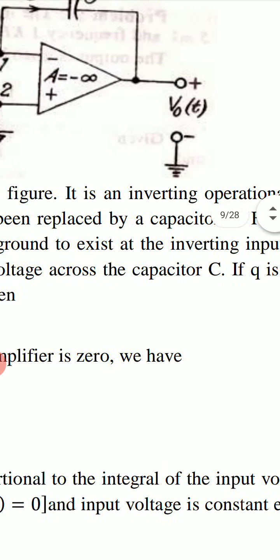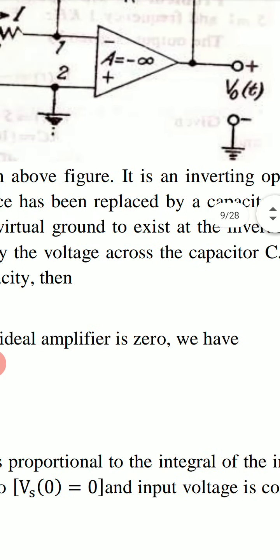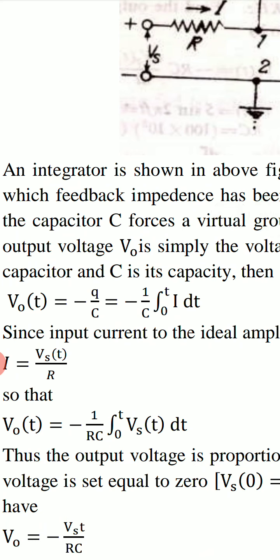If Q is the charge on capacitor C and C is its capacity, then the output voltage VO will be equal to minus Q upon C. From the relation Q equal to CV, if C is the capacity of the capacitor, then the charge at its plates Q is equal to CV.